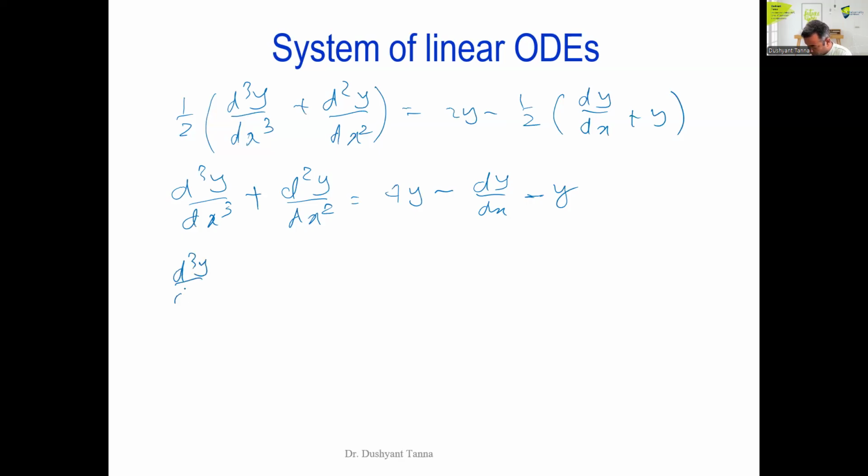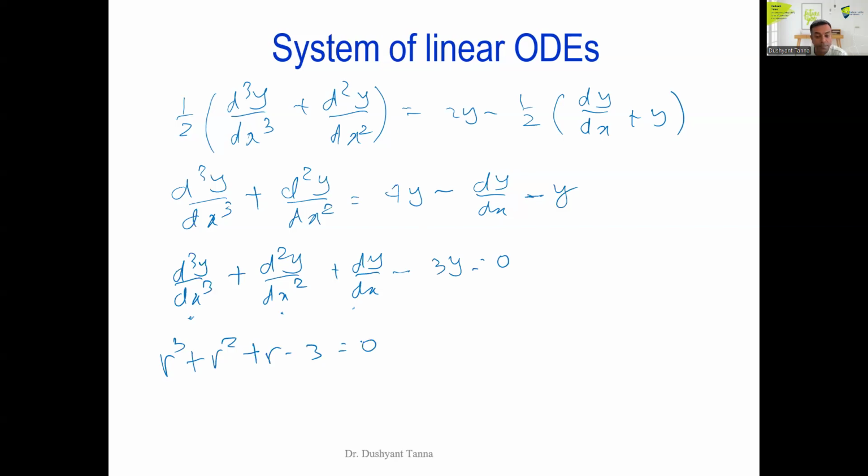So d3y dx3 plus d2y dx2 plus dy by dx. This becomes plus 3y here, so minus 3y. You can represent this in the form of capital D or however you like, or simply, this is third order, second, first. So talk about R3 plus R square plus R minus 3 is 0.